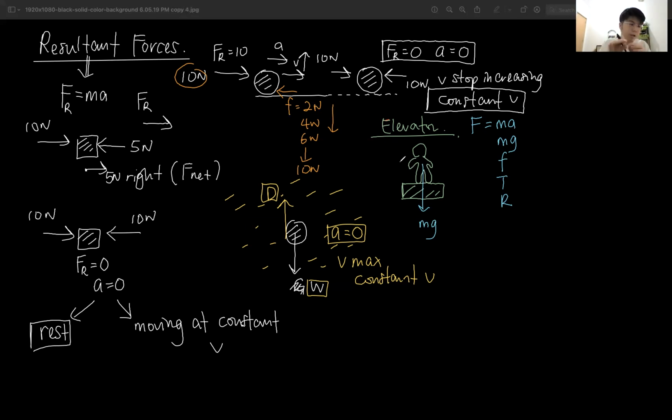How does it react? It reacts by pressing you back. It's kind of like you slap a person and the person slaps you back. It's action and reaction. Whatever you do to one thing, it will do the same to you.